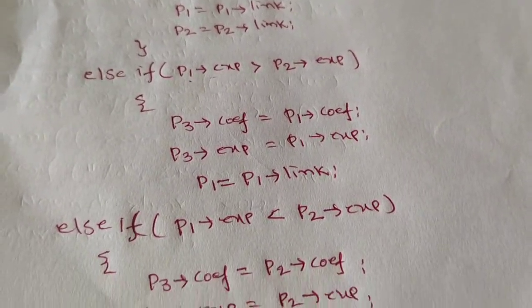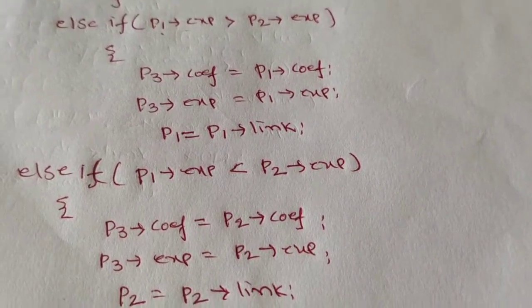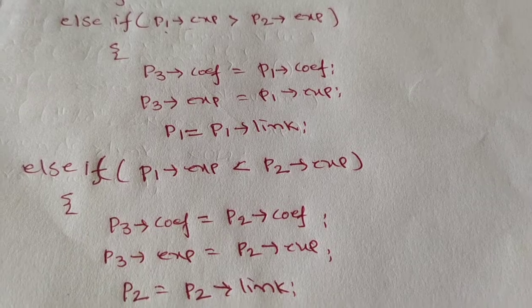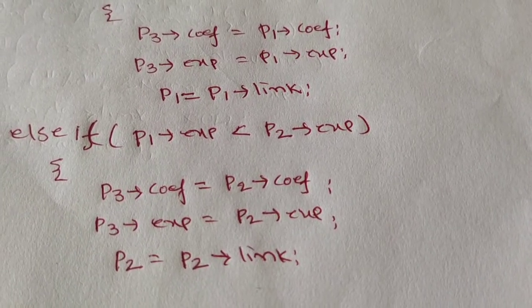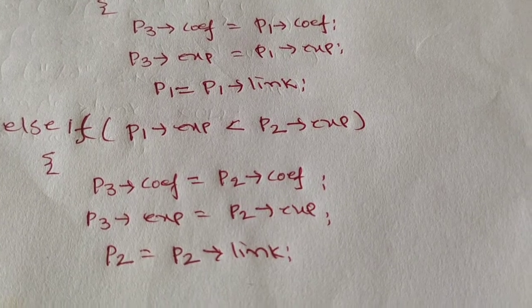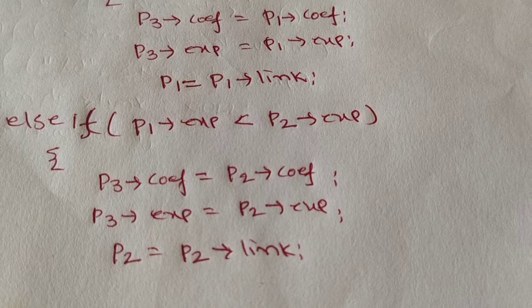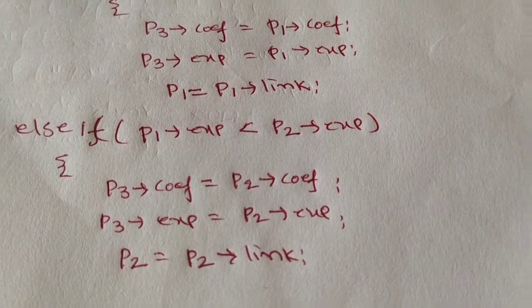Suppose the exponent in the second polynomial P2 is higher, then how will we do? I write else if P1 exponent less than P2 exponent. Now the P2 exponent is greater than the P1 exponent. Hence the term in P2 is added to the resultant polynomial P3.